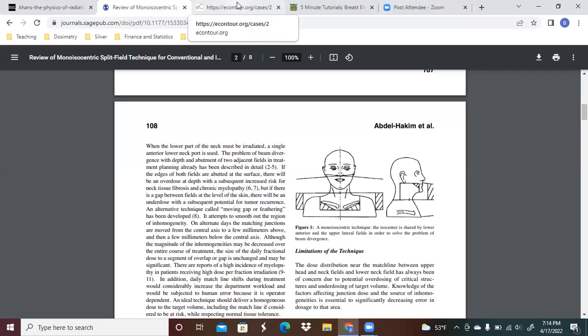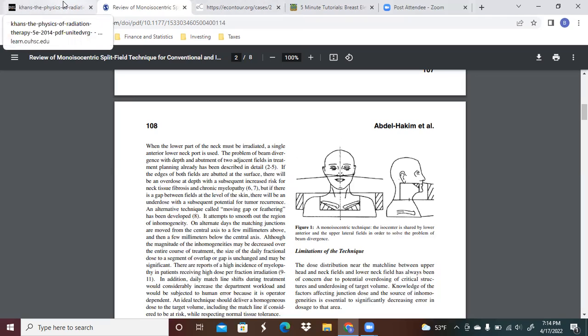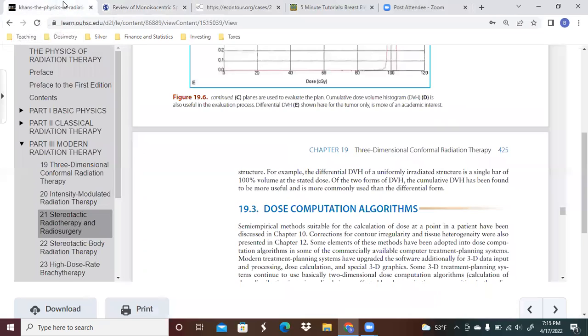You are able to save some of the normal structures, particularly spinal cord in this particular case, but expose other areas within the head and neck that are in fact riddled with disease. And not only that, you can also expose them to different dose levels. So there are ways to do this. And some of the ways to do this involve using arcs, which is the volumetric modulation. You can also do that using static beam.